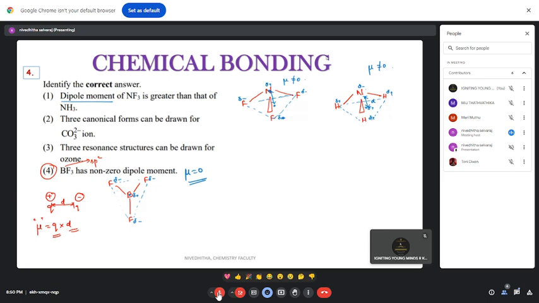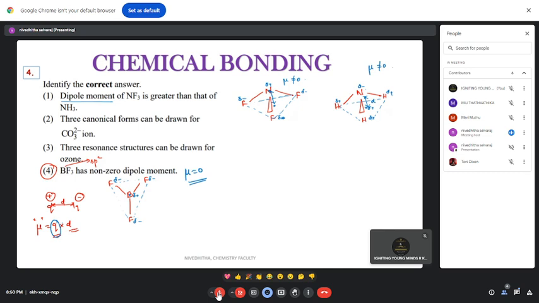Fine. See, what is dipole moment? It is the product of the magnitude of the charge, which is q, and the distance between the charges. In both cases, we have d, and the value of d is more or less the same. But dipole moment depends on another parameter, which is q.